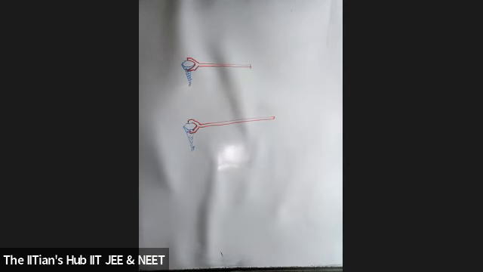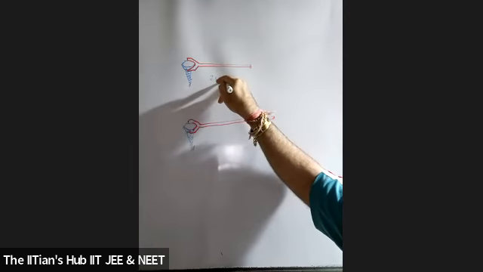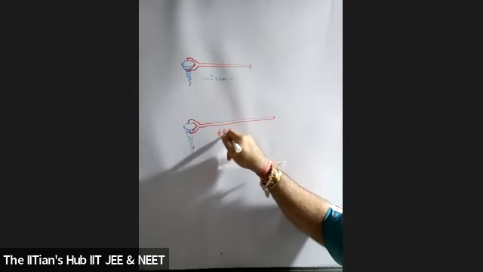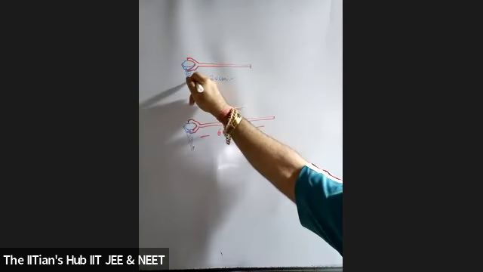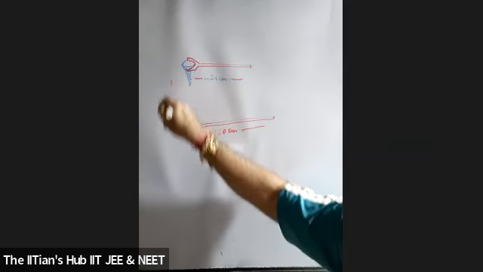I want to perform work. In the first case, the length of the spanner is 20 centimeters, students. And in the second case it is 60 centimeters. In order to open the nut, students, this is case one, this is case two.